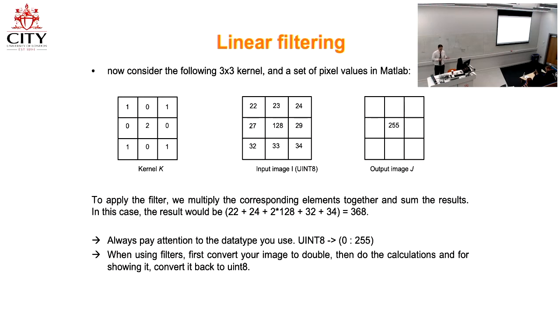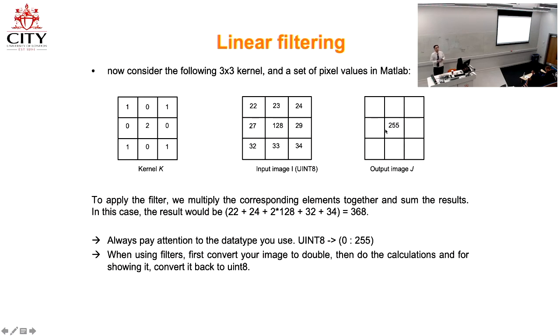So one of the problems was someone had exceeded the numbers on the range that was acceptable. So we have the same problem here again. If I multiply this mask or this kernel on this image, which is unsigned integer, the value would actually be 368, but what I will see is 255, because this is the max that I can show.